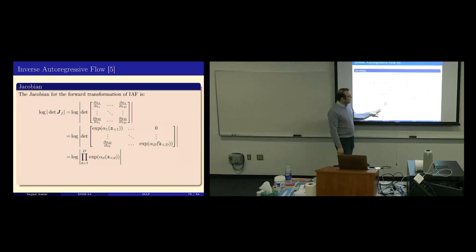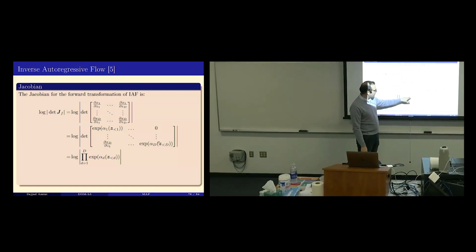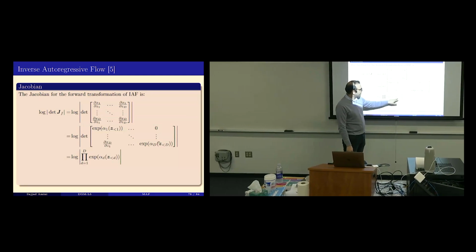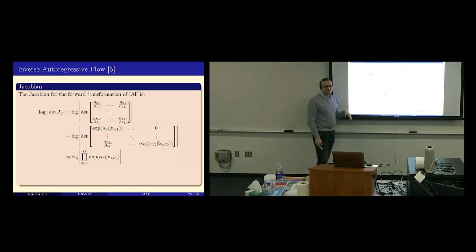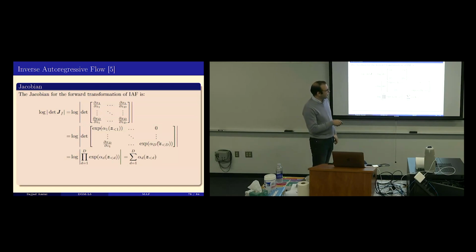This is not very far from the previous type, the masked autoregressive. In that part, we have x less than d here. Here we have z less than d. Nothing changed very much. Because the exponent is positive, you can neglect this ABS line.